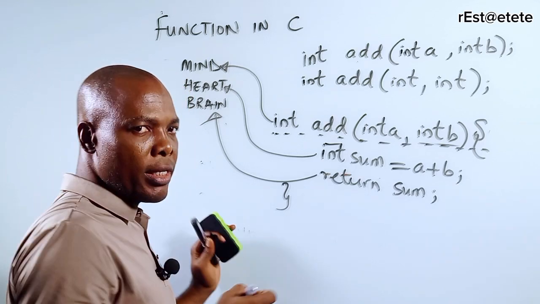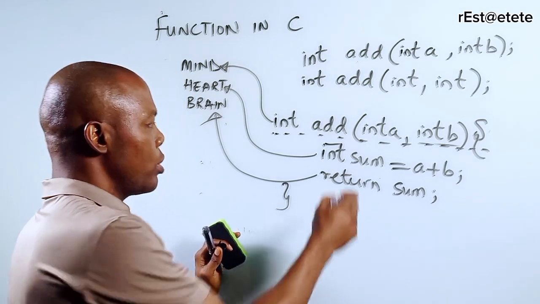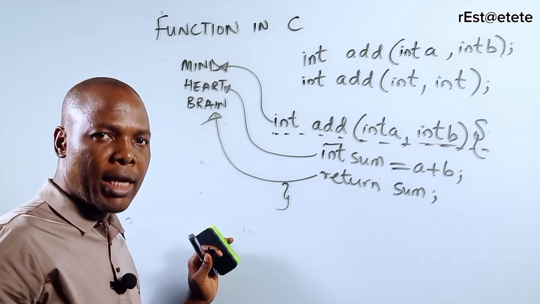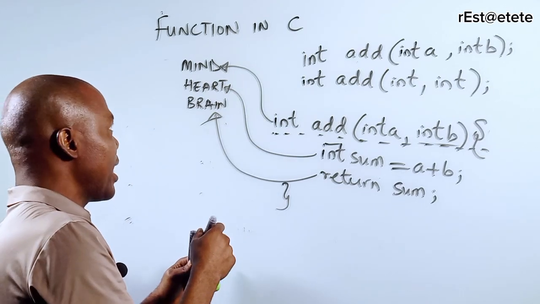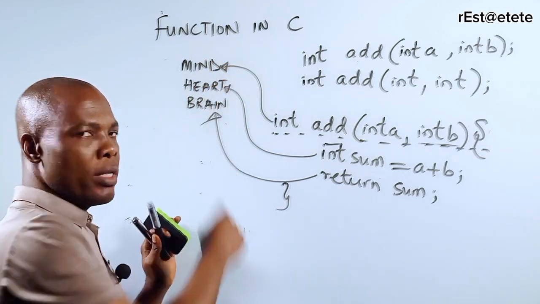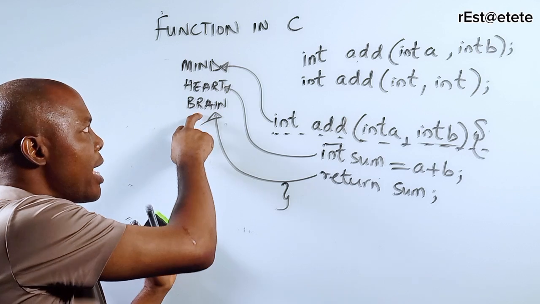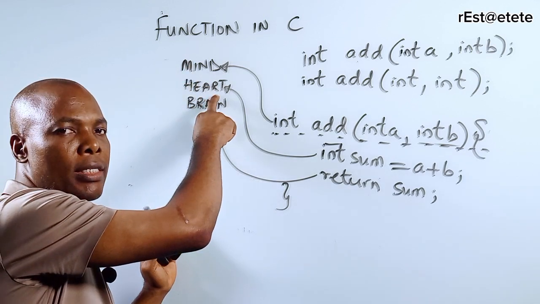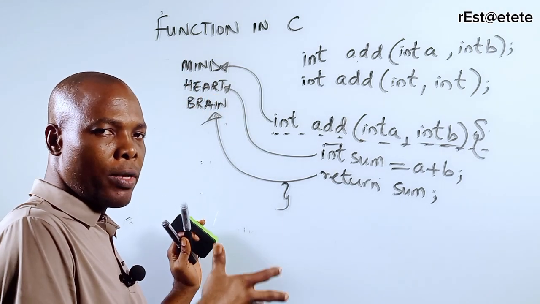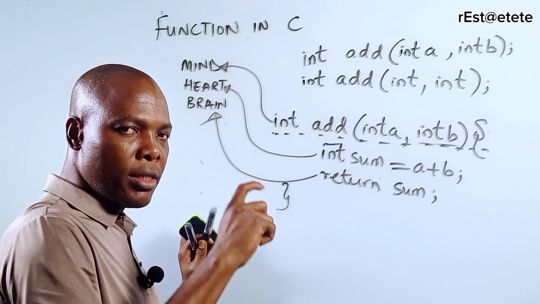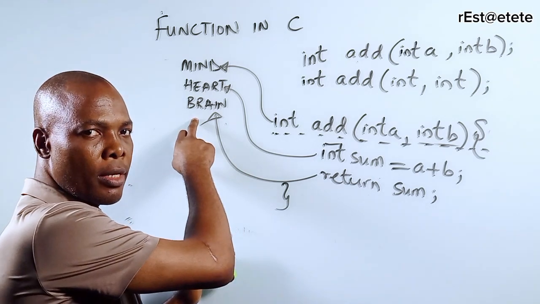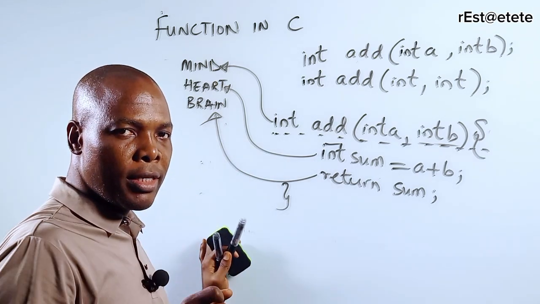And then the process of what that function is going to do is what is going to take place in the heart. I told you in the last class that the mind will send thought signal to the brain and then send thought frequency to the heart that will resonate with the emotional frequency. Once that matches, energy will be supplied to the brain in order to allow that signal to flow through.